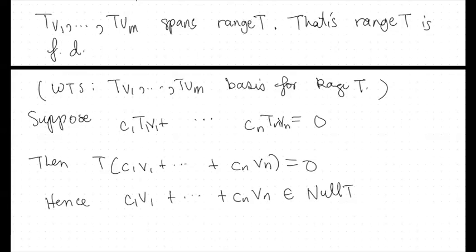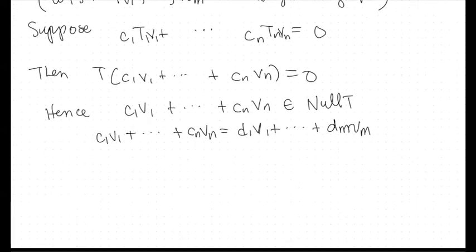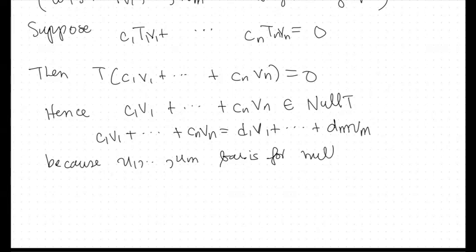Since this is in the null space, we can say that C1 V1 plus up to Cn Vn is equal to D1 U1 plus up to DM UM, because U1 to UM is a basis for our null T. Of course, these are in F.